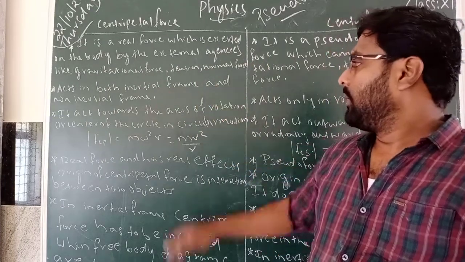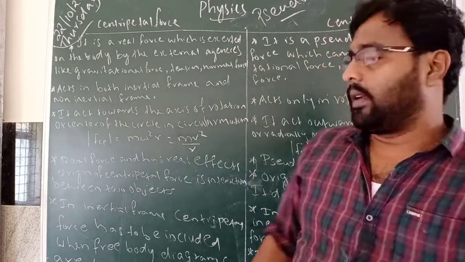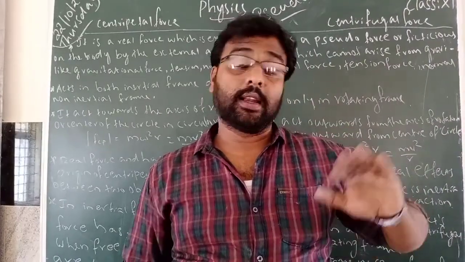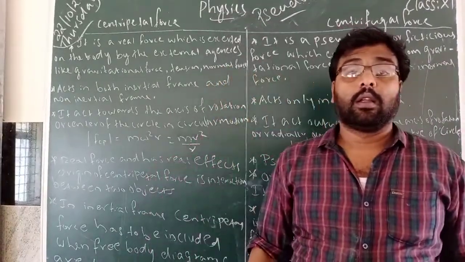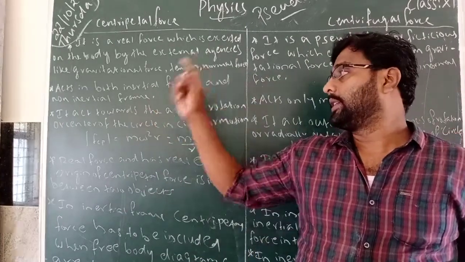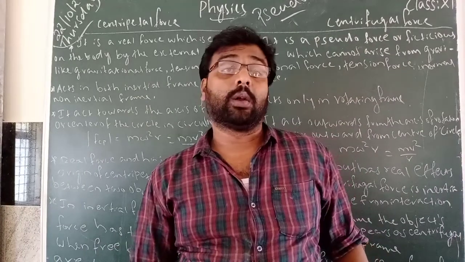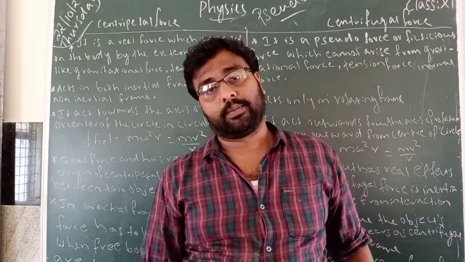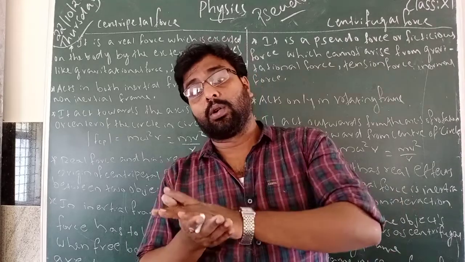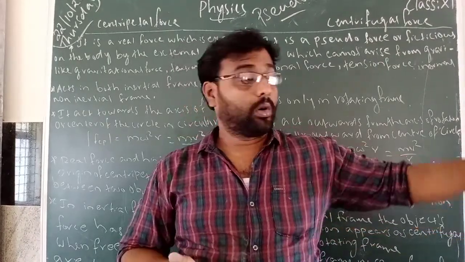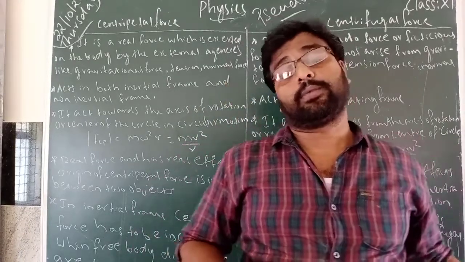That is the first difference, and the second difference is that centripetal force acts in both inertial and non-inertial frames. So we can analyze this motion with both the inertial frame and the non-inertial frame. For example, a vehicle which is moving on a circular road, we can analyze the motion with the road, considering the road as an inertial frame.